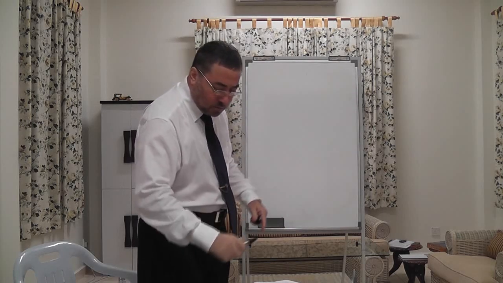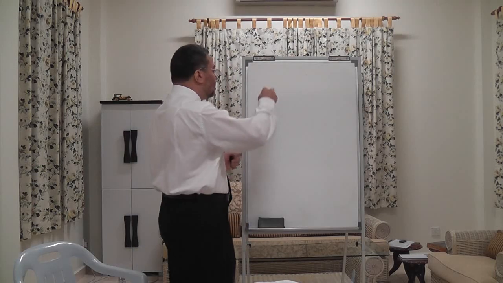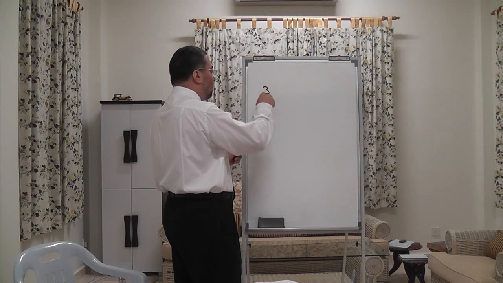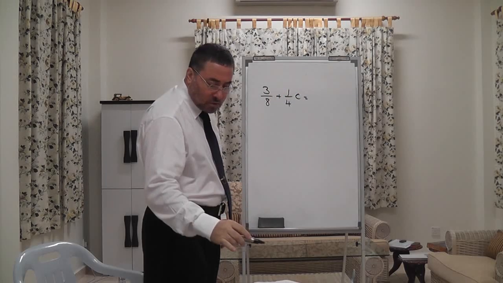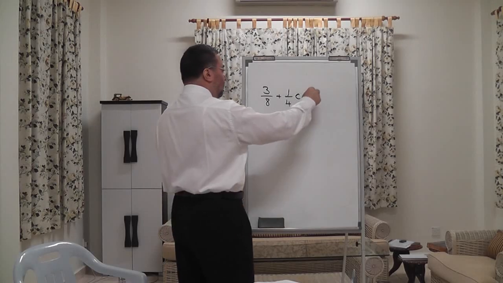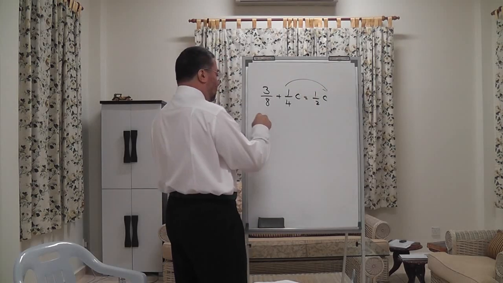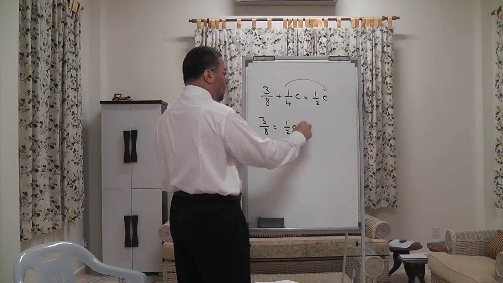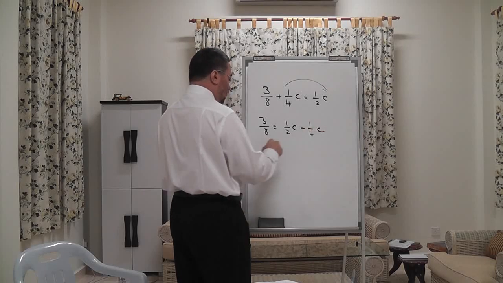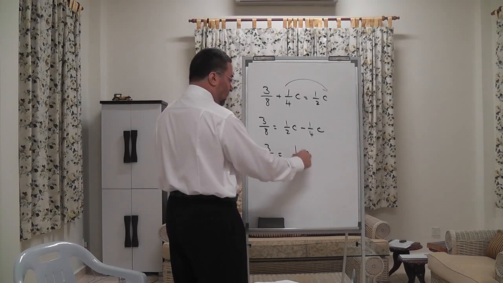Next is number 12, 3 over 8 plus 1 over 4 c equals half c. We take this to the other side, so 3 over 8 equals half c minus 1 over 4 c. 3 over 8 equals 1 over 4 c.